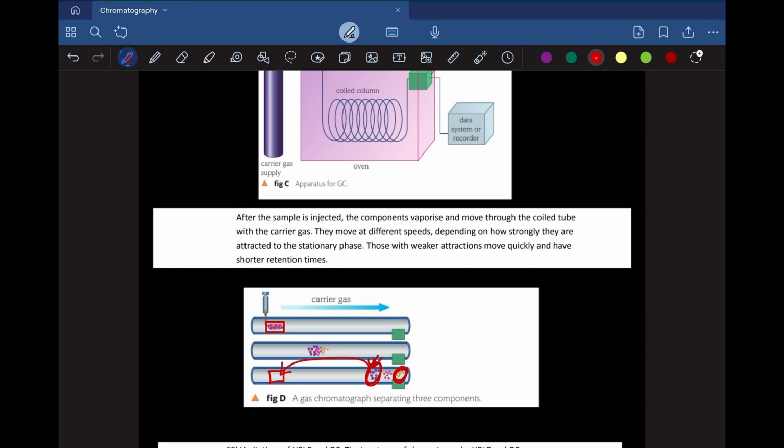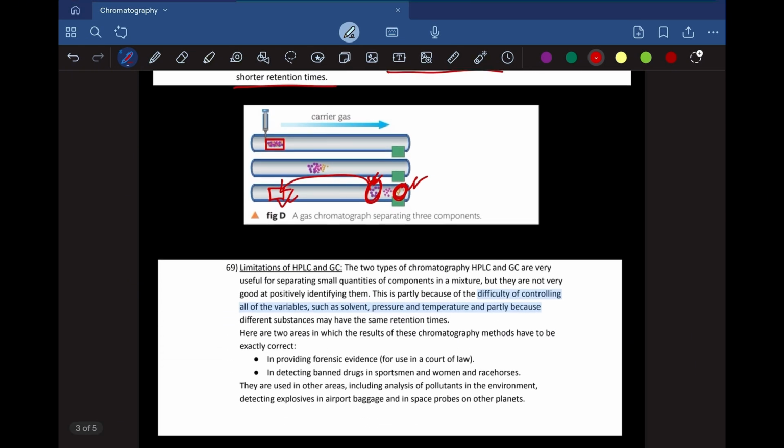This one was less strongly attracted to the stationary phase, that's why it is moving at the fastest speed, and it is ahead of all of them. Those with weaker attraction move quickly and have shorter retention time. From the injection to the detection, it takes a lesser amount of time.